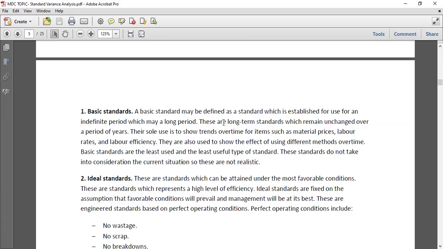Now we have the basic standards. Just from the word basic, they are basically used for a period that is a little longer.